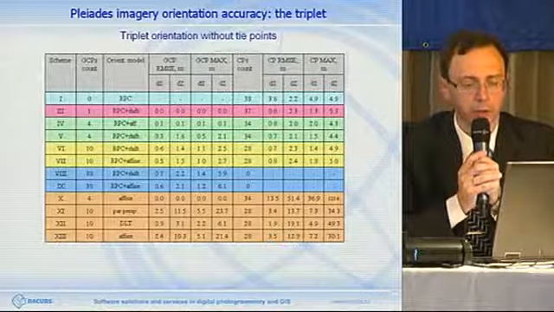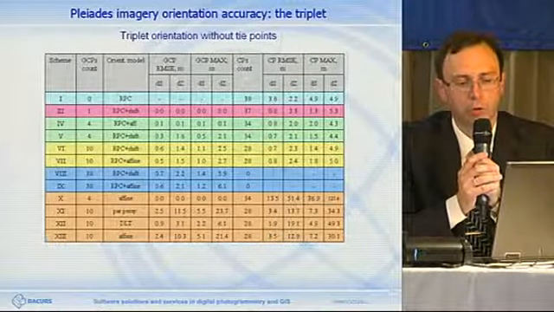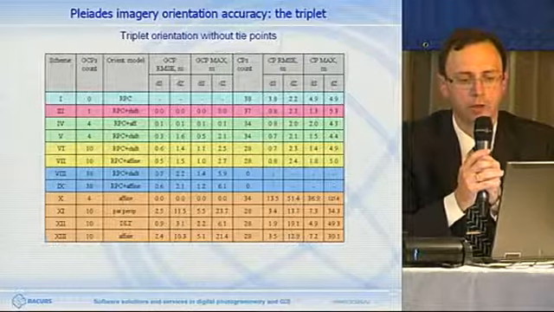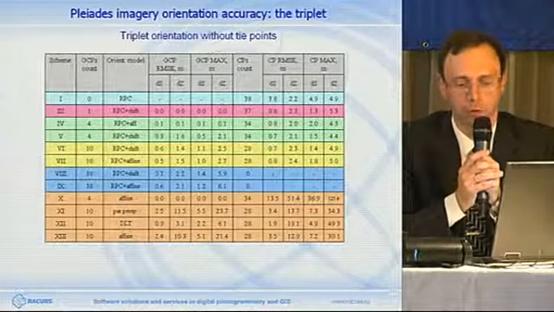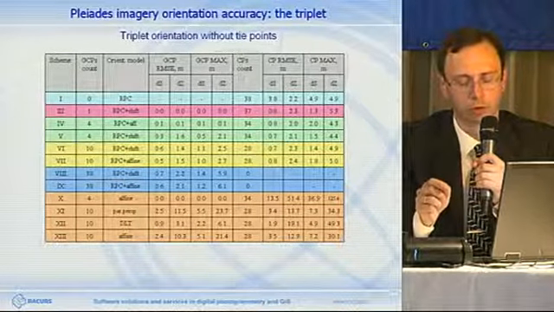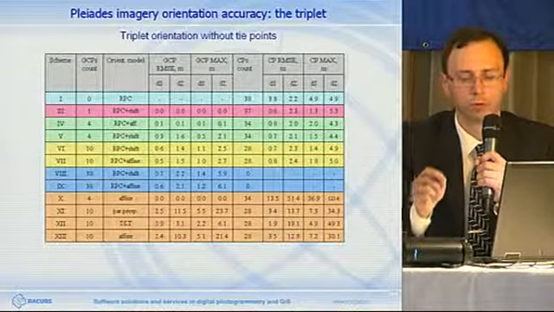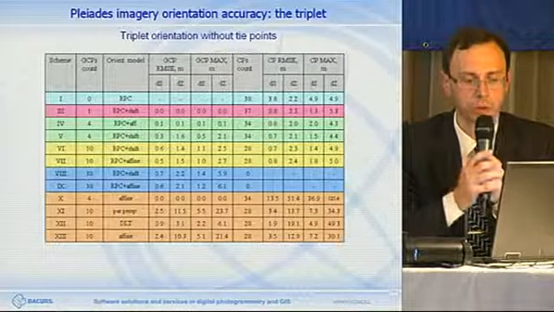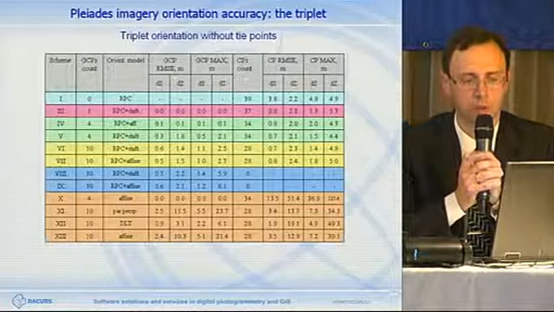Next come triplets. When rectifying in this experiment, where they were rectified as triplets, not splitting them into stereopairs, for each point which was measured on 3 images, 6 collinearity equations were made, which were then resolved in the system.